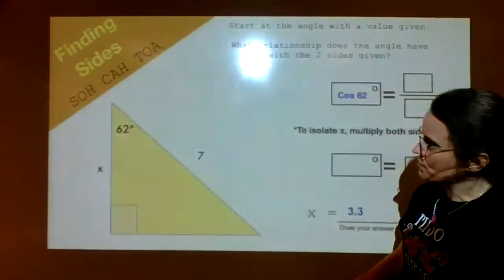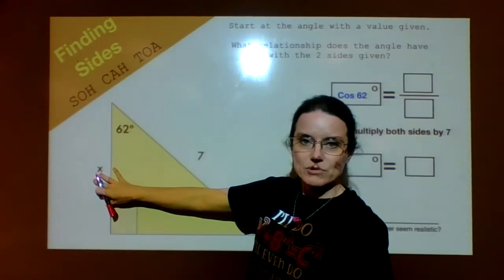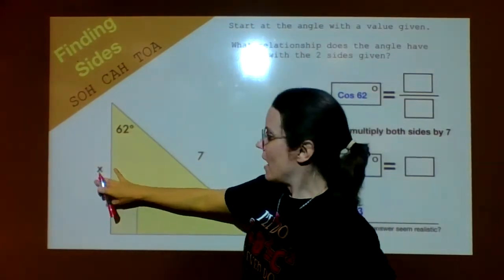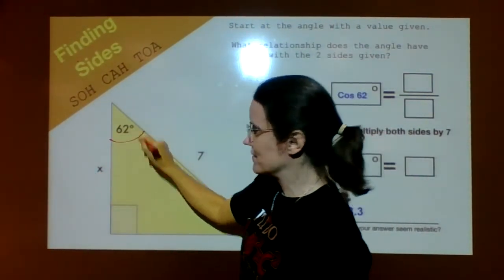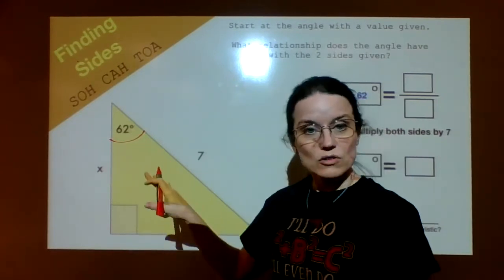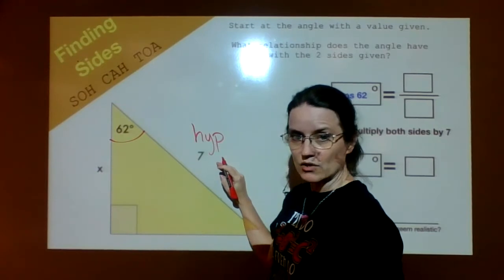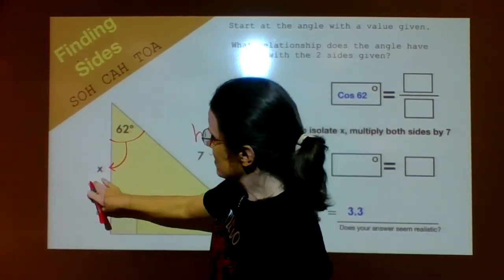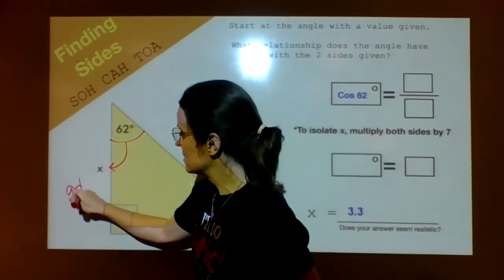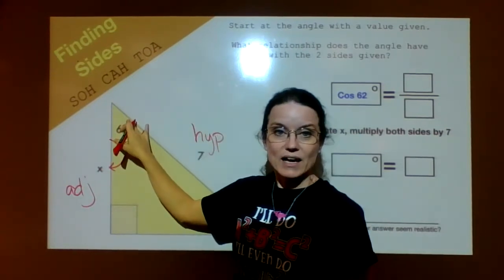So as we go to a problem here, I'm looking for this mystery X. I have a right triangle and I know I have a 62 degree angle. So I start looking for what sides I have. I have a hypotenuse in this triangle, and this side right here is adjacent to the angle that I know.